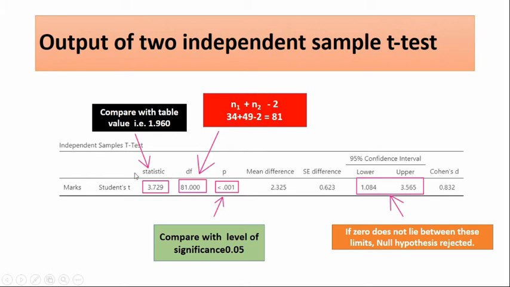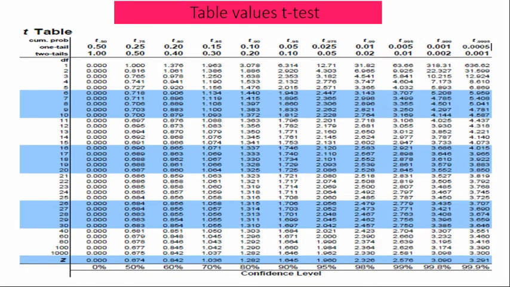Friends, all three methods, table value and calculated value, p-value and level of significance, or confidence interval, give the same result, and it should. This is the table value. I have taken this table value from here, 1.96 for a two-tailed t-test.